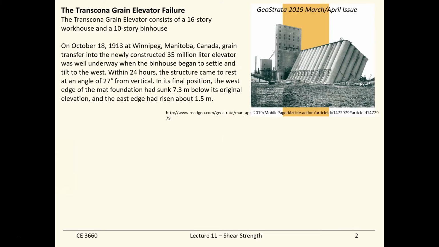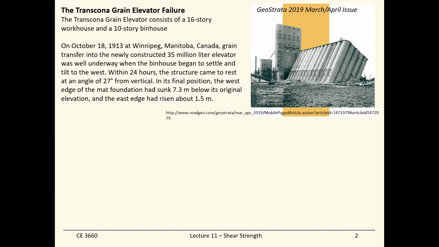So before we start the technical topic, let's talk about a case history. In 1913 at Winnipeg, Canada, there's a famous case history of a structure built for grain storage.